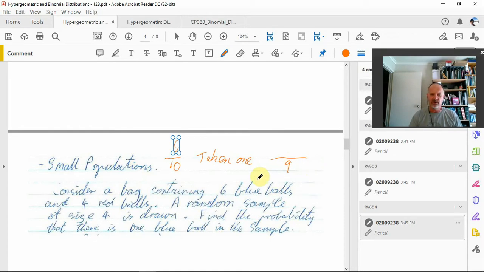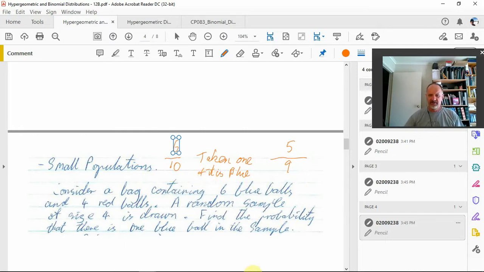Now, if the one I took is blue, then there's only 5 blues left, and so the probability changes significantly each time.